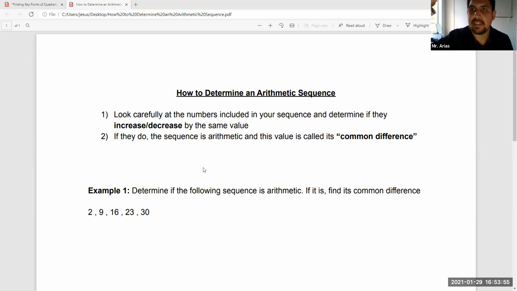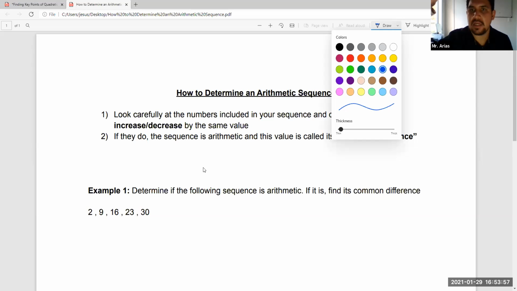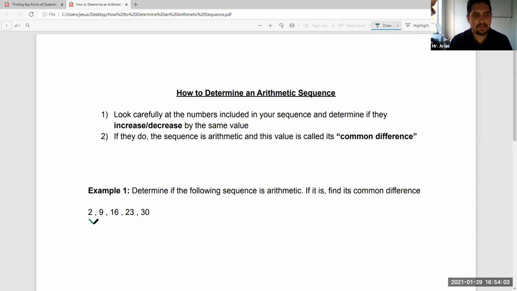So in this case, we are going to be noticing that if you want to get, for example, from 2 to 9, we have to add 7 to it. And then if I look at the second term in my sequence, which is now 9, to get from 9 to 16, you will realize that we have to add the same value, which is positive 7.